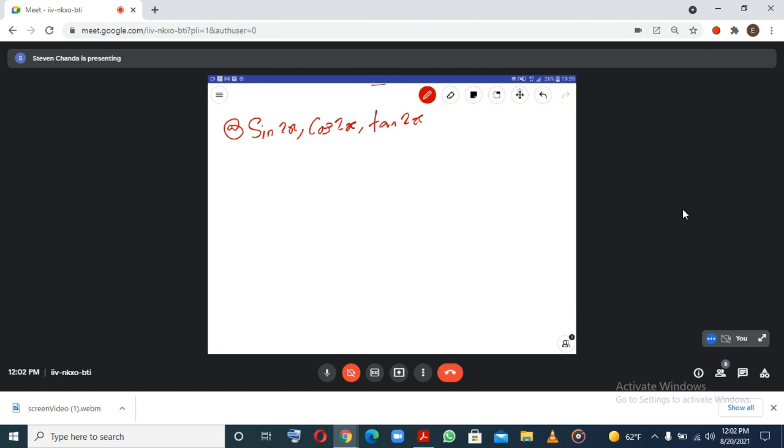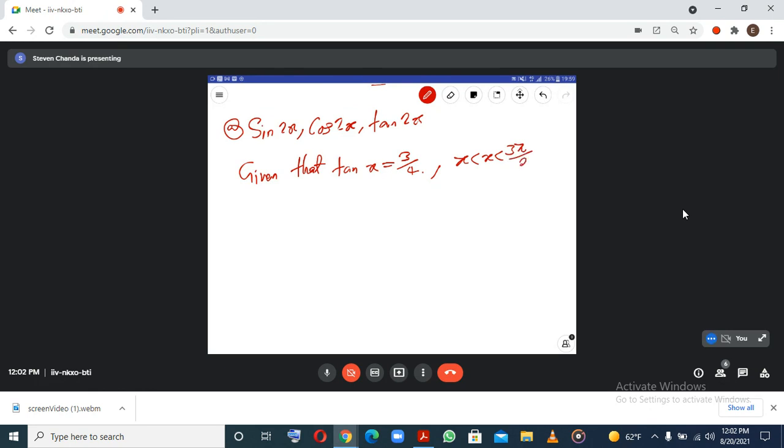So find those, given that tan x is equal to 3 over 4, then your range is up to pi.